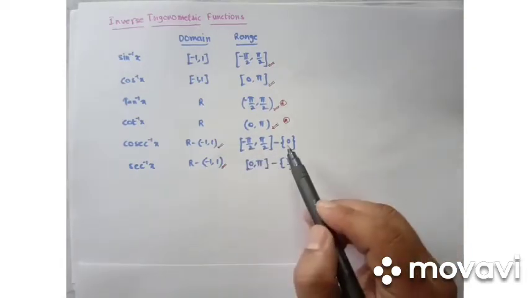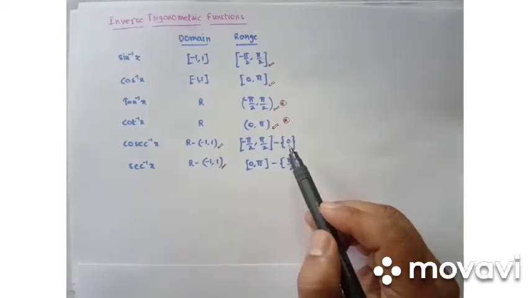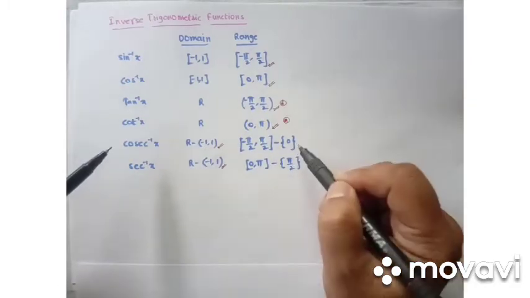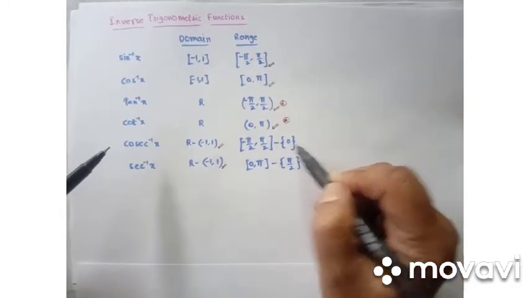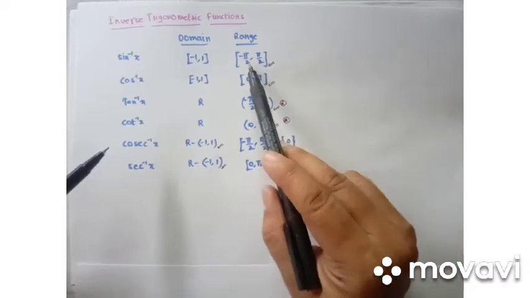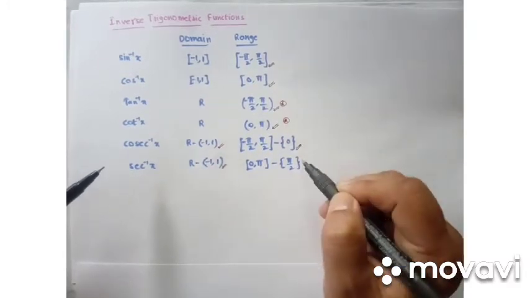Cosec inverse, it is actually 1 by sine inverse. 1 by sine is going to come, like where it will become 0. So it will become 0 at the place of n pi. So that's why from the principal value branch, minus pi by 2 to plus pi by 2, we are subtracting the value 0 here.